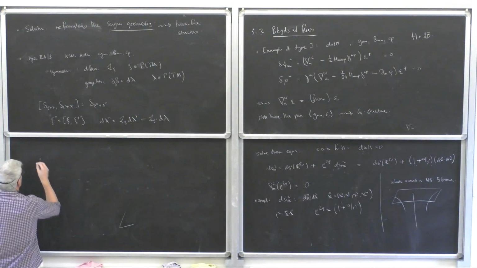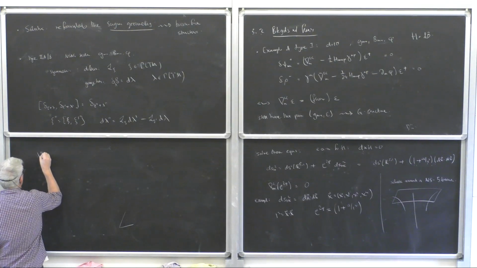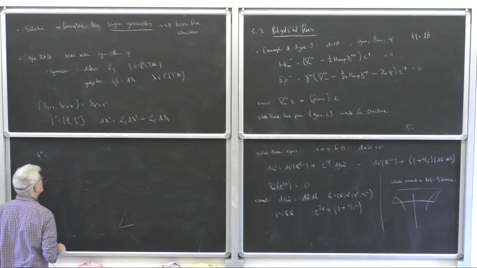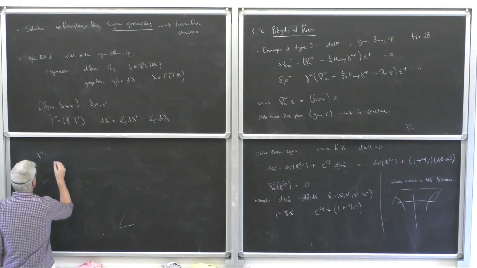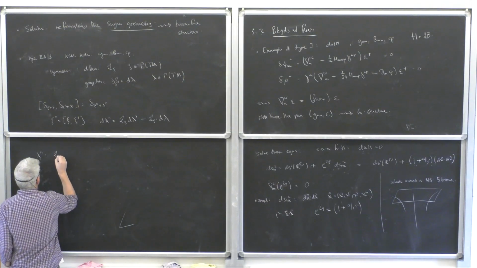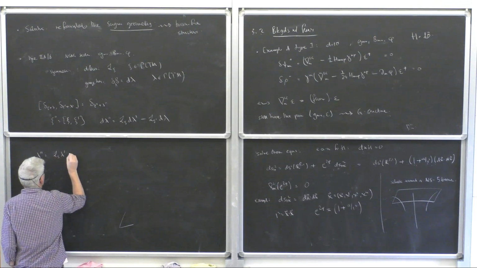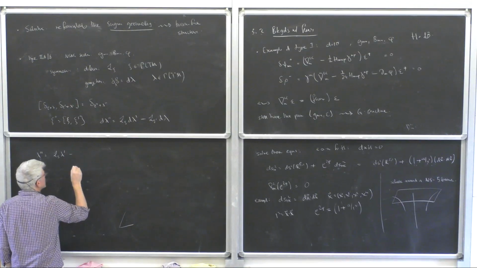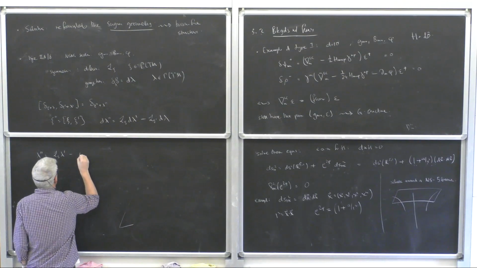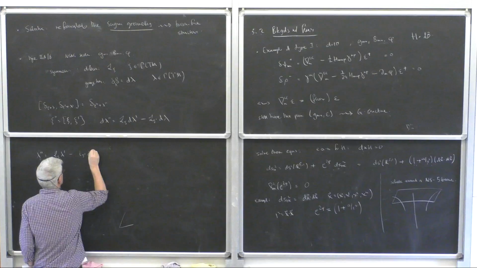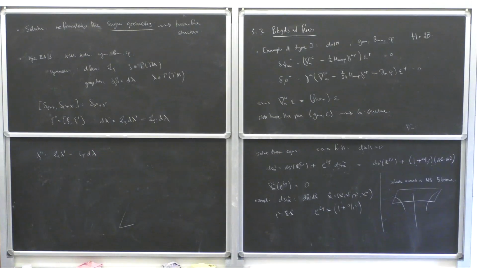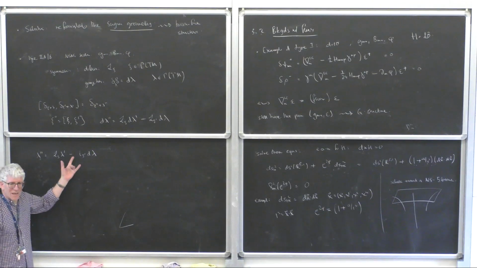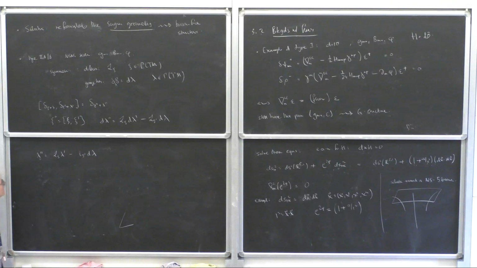And you can write down a lambda double prime. And the natural way to do it is you do something like the Lie derivative of lambda prime minus i_psi prime d lambda. So that's slightly weird because I'm not treating lambda and lambda prime the same way.